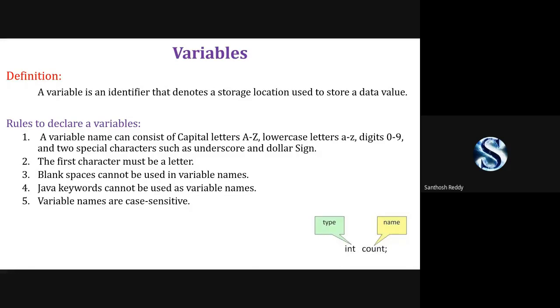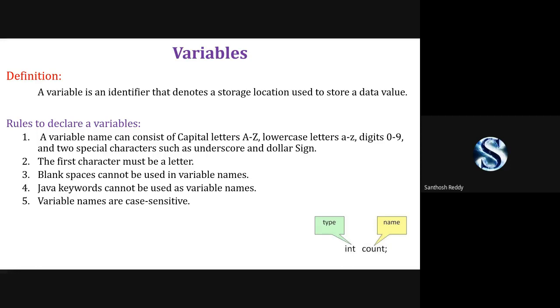Next, what are the rules we have to follow while declaring variables? There are 5 rules we have to follow. First, the variable can have capital letters, lowercase letters, or digits.